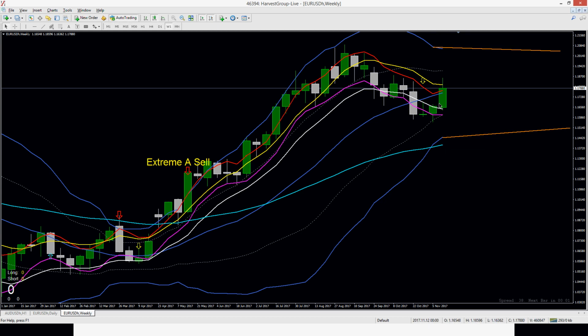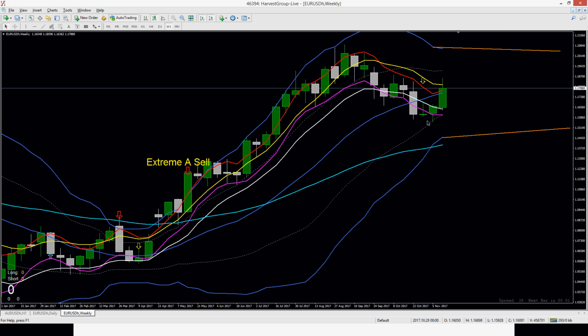So we already identified where MA50 is, and there's a possible setup at the middle of the Bollinger Band. And we already identified number 2, the type of Bollinger Band that it is at the weekly time frame.